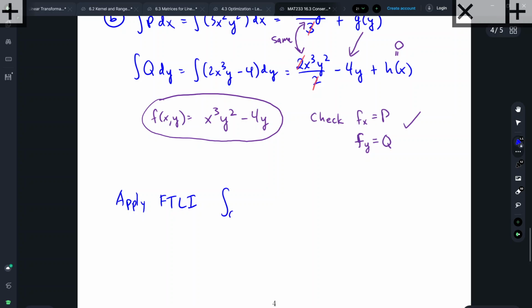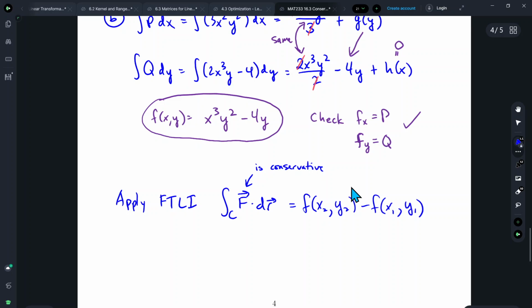It says that the line integral of F dot dr, again this has to be conservative, can be calculated by just substituting the endpoints: x2, y2, that's the endpoint, and the starting point would be x1, y1.